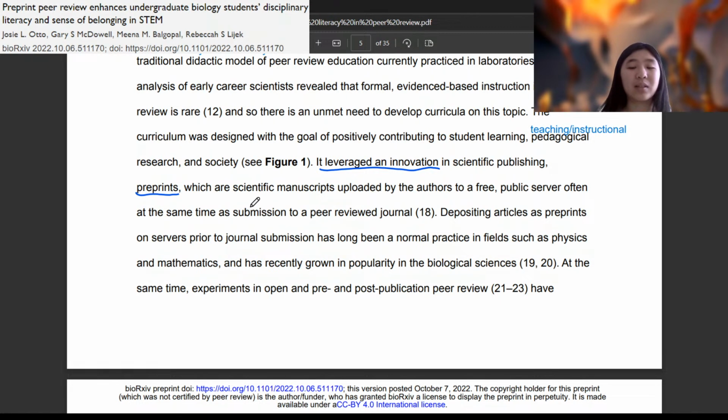But in this case, people are uploading their rough drafts when they are ready to publish or submit their research for a journal for review at the same time.